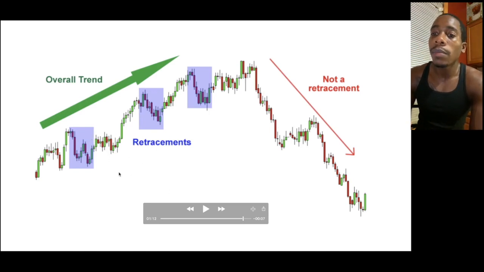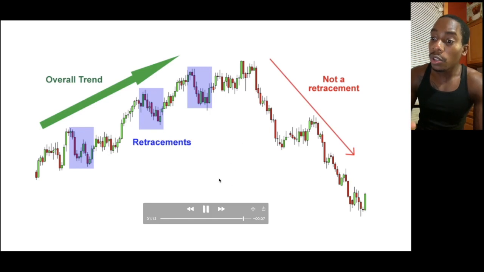So we have to be able to understand the difference between a retracement and a reversal, so we don't get scared and decide to sell when we see a retracement, and we make more money by following the trend and not panicking at all.